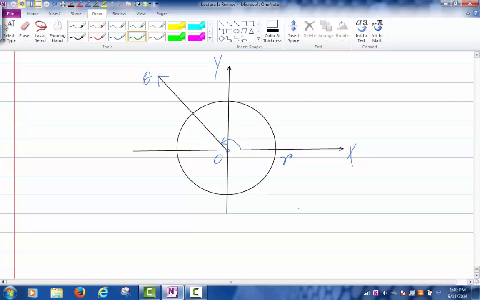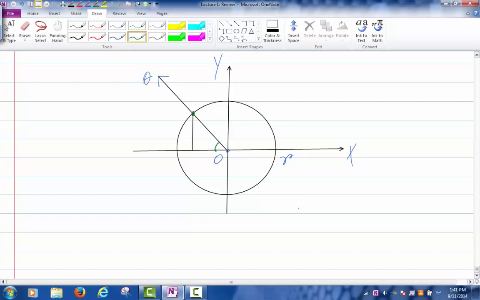Okay. So whatever the terminal side of the angle theta is, it's going to intersect the circle at some point, right? So what I'm going to do is make a vertical line from that point onto the x-axis. So what it does, it creates a right triangle, and this right triangle, by the way, has this angle right here.